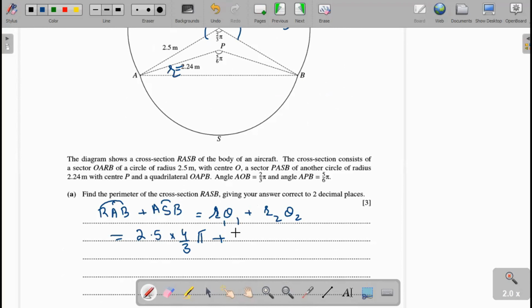We write 2.24 into theta 2, where theta 2 is the angle, equal to 5 over 6 pi.